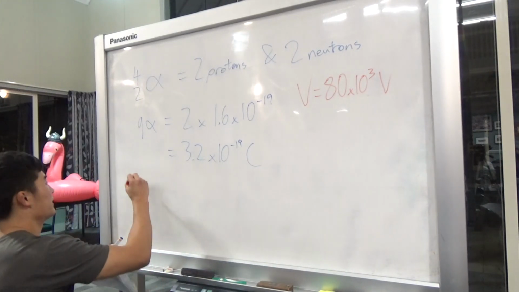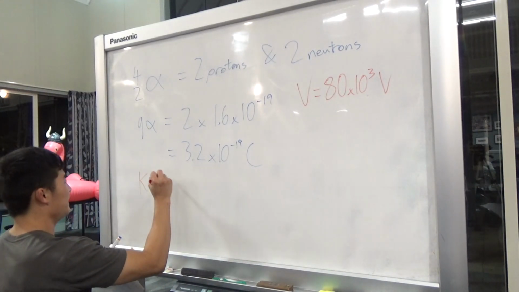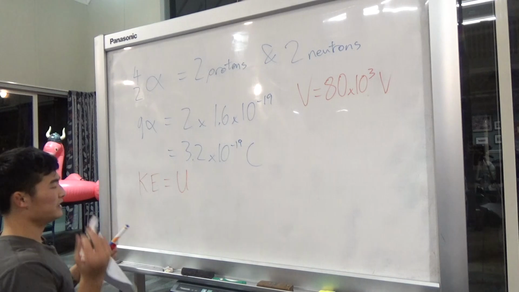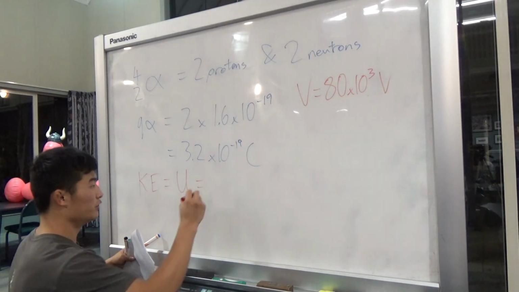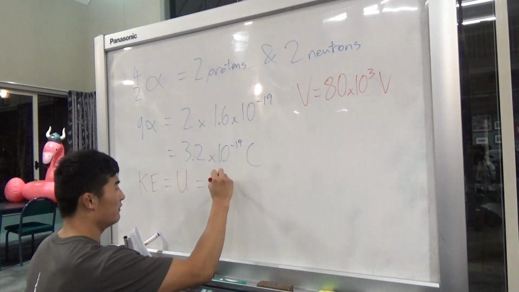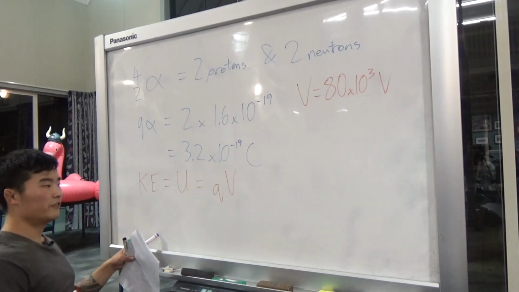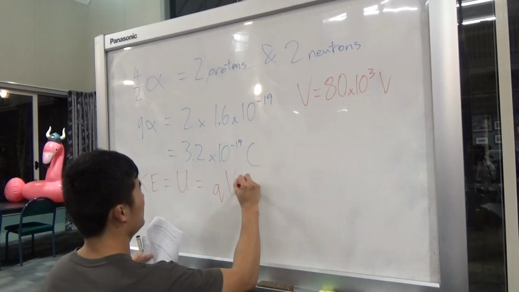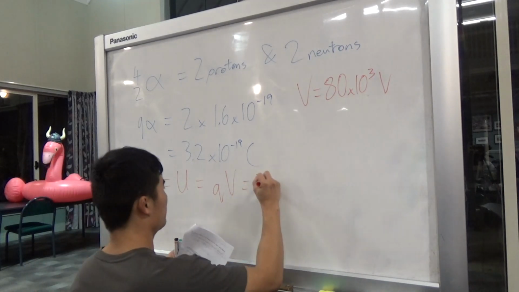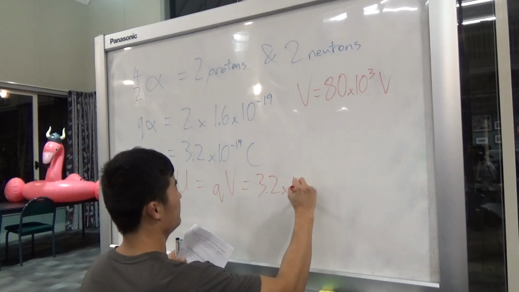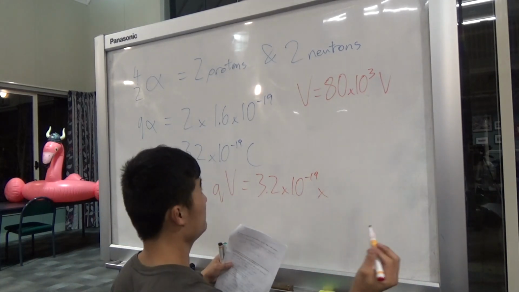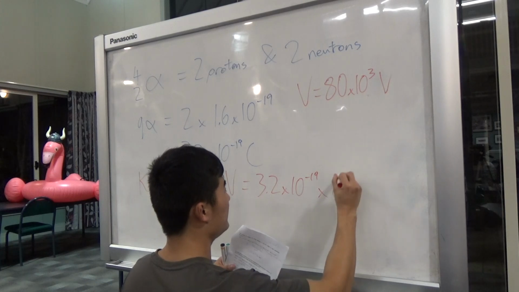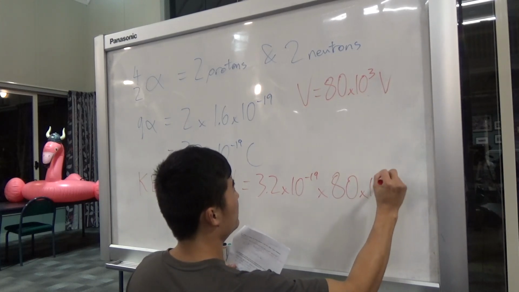So the kinetic energy is equal to U, which is our symbol for electrical potential energy, and U is equal to Q, our charge, multiplied by the voltage. Pretty simple: 3.2 times 10 to the negative 19, which is our charge of the alpha particle, times the voltage difference, which is 80 times 10 to the 3.